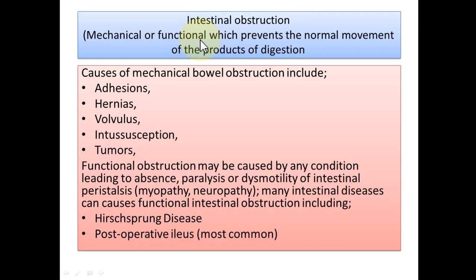So overall, the intestinal obstruction occurs when the fecal matter or digested food cannot move, and the normal peristaltic contractions are disturbed.